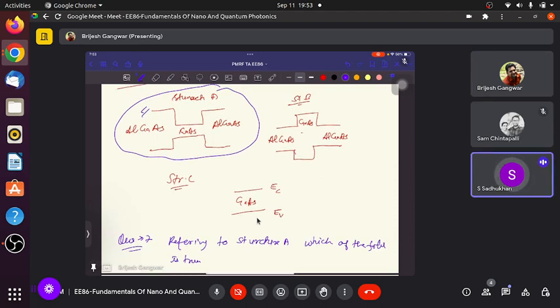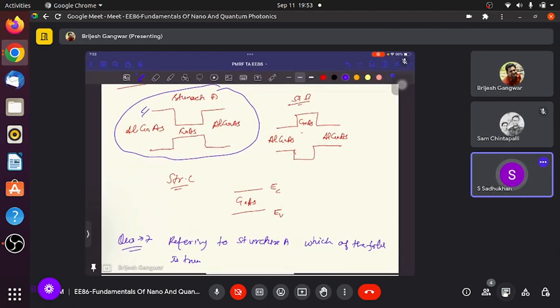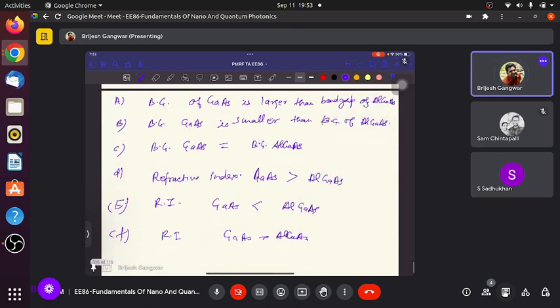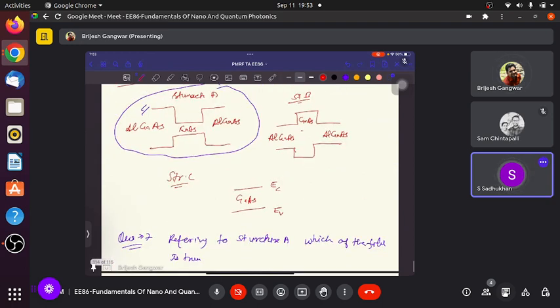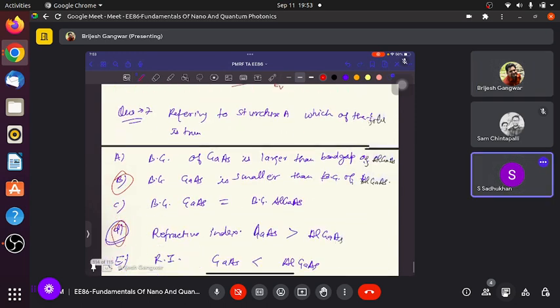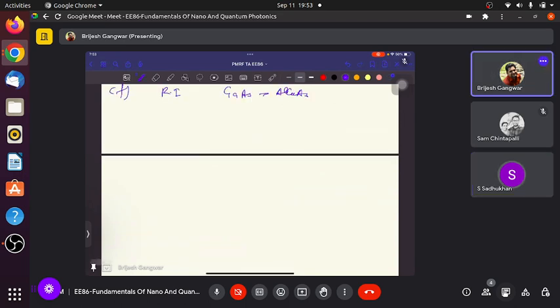I think B and D, that you have written here, option B and D. The refractive index would be higher, and since it is inversely proportional, and B is evident from the figure, you can say this band gap is less than the band gap of this one, right? Yes.